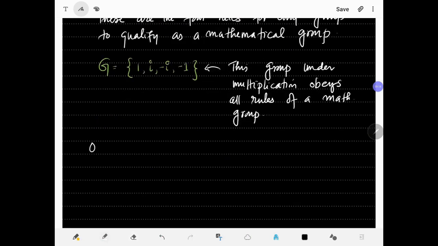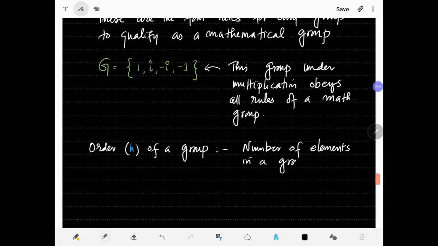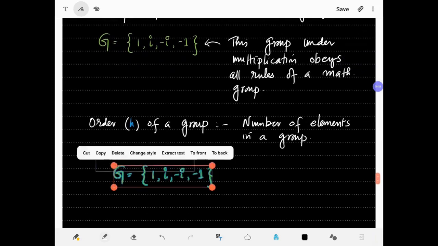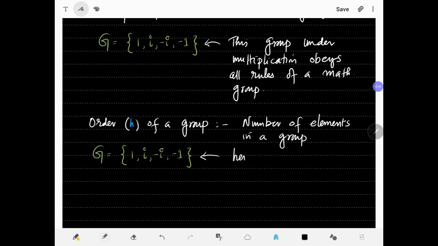Now there is another term which is called order of the group, which is usually represented with the lowercase letter h, which is none other than the number of elements in a group. In the previous example, the order of the group is 4 because there are 4 elements in the group.